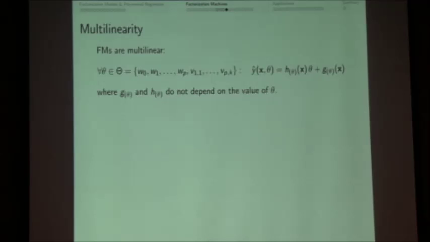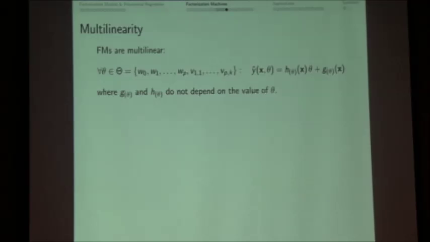The other nice property of the factorization machine is multilinearity. If you just use the factorization machine as a black box, you don't have to care about all these things. But if you think of extending something or writing your own learning algorithms, then it's good to have these properties in mind because they make your life easier.